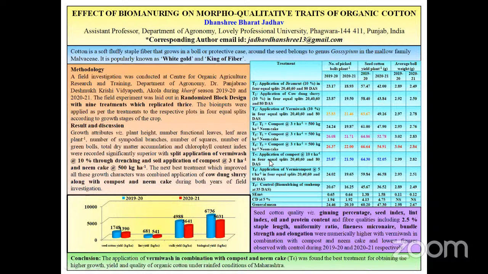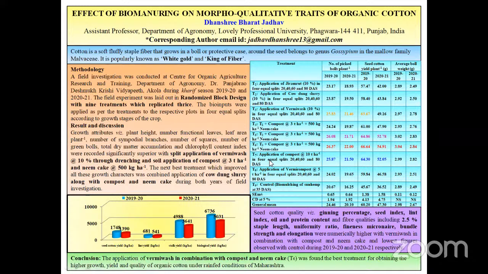This treatment, T6, was found at par with the combined application of cow dung slurry with compost and neem cake, and also with the sole application of compost at the rate of 10 tons per hectare during both consecutive years of the experiment.